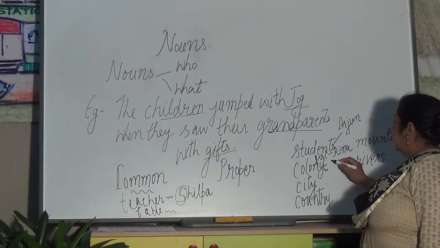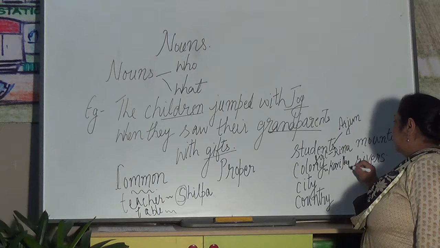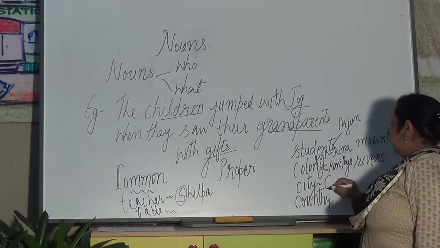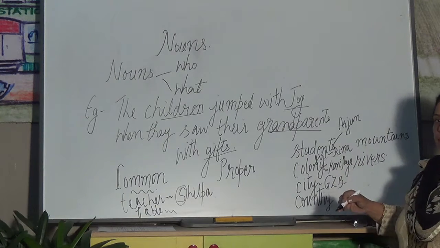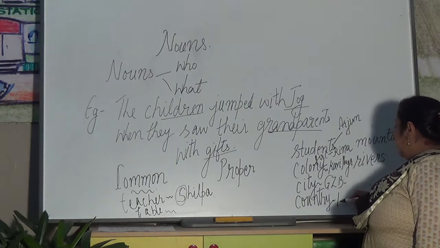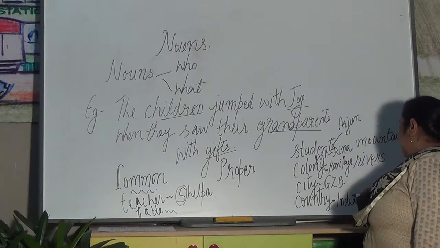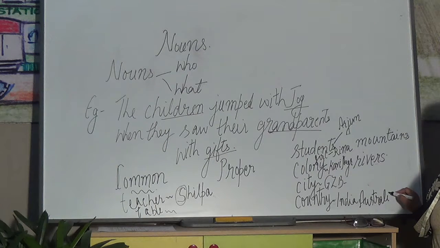A colony can be Kavinagar. City can be your city where you live, or the names of all the cities, maybe like Meerut or Kanpur or Mumbai. Country can be India, or Australia or names of all other countries.